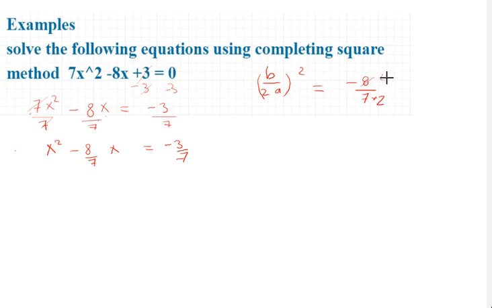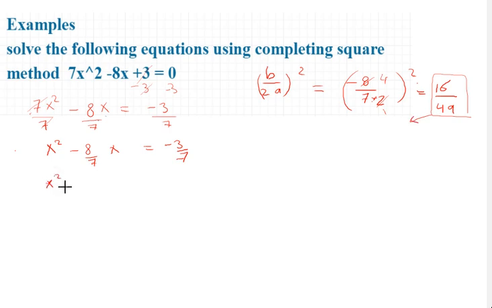Half of that is 4 over 7, and we will get 4 squared, which is 16, over 7 squared, 49. This is the term, then I have to add it to both sides of the equation.